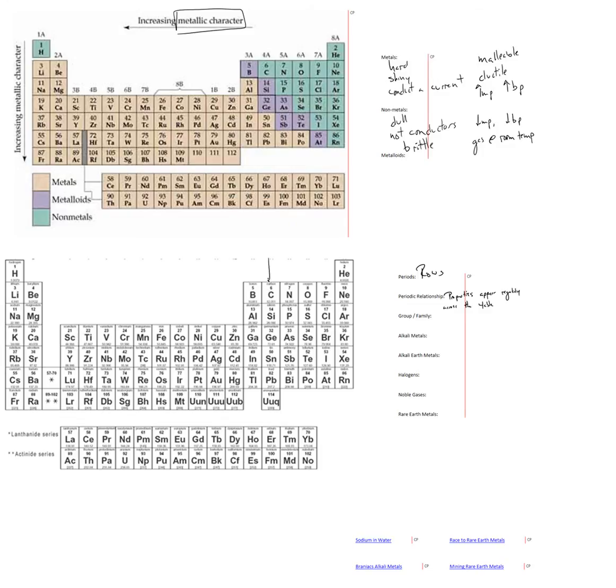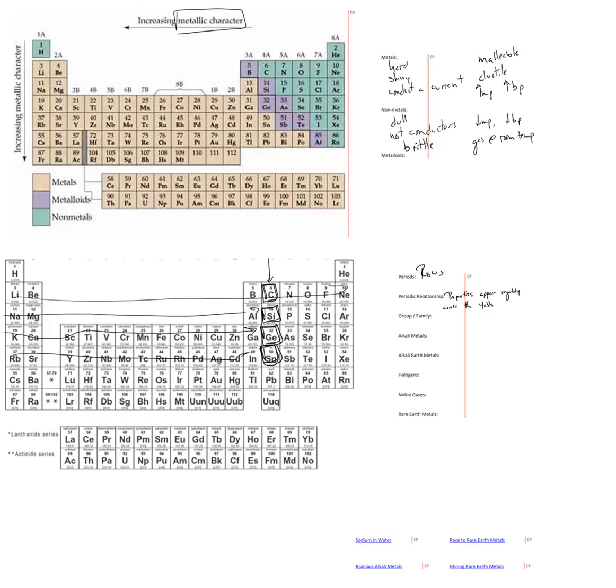Carbon binds with 4 hydrogens. That's right here, this element C. So we can envision that periodically, as we go across the table, silicon will also bind with 4 hydrogens. And as we go across, germanium will also bind with 4 hydrogens. And as we go across, tin will also bind with 4 hydrogens.